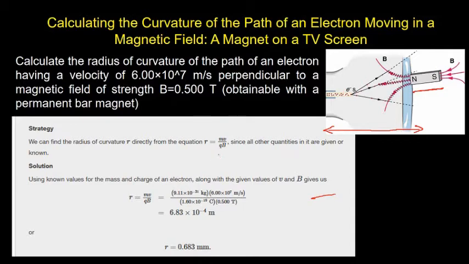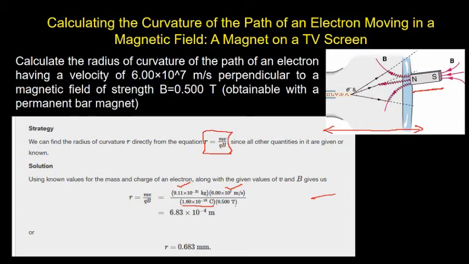Using the formula that we developed, whenever the velocity of the charged particle is perpendicular to the magnetic field, the path is a uniform circular motion with R given by this formula, and we just substitute the mass of the electron times the velocity of the electron divided by the charge of the electron times B. It's a negative charge, but in the formula we just use positive values because the radius of the circular path cannot be negative.